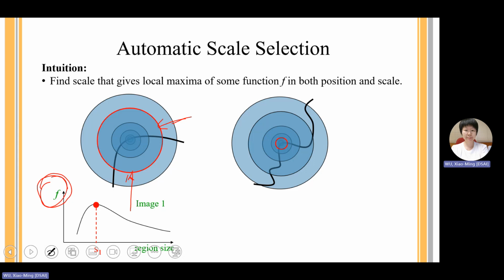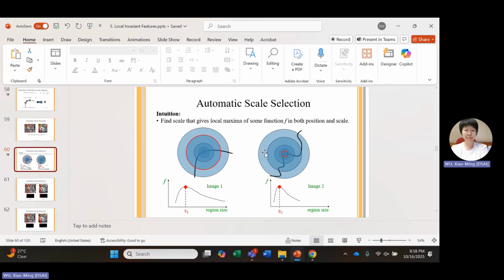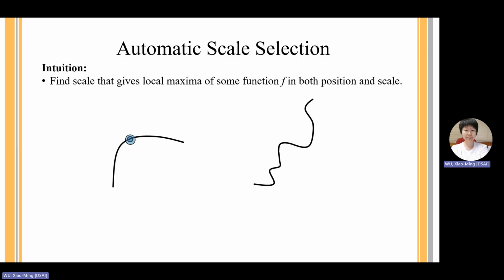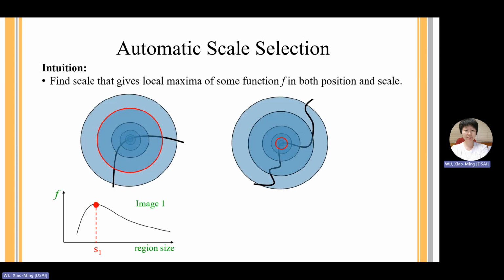So for example, we have 6 window sizes, 1, 2, 3, 4, 5, 6, and the largest response occurs at window 5.